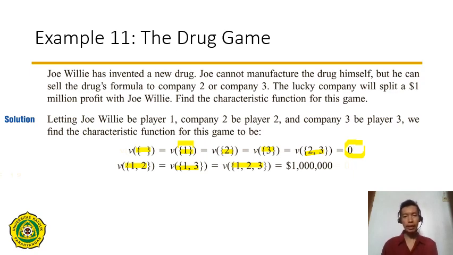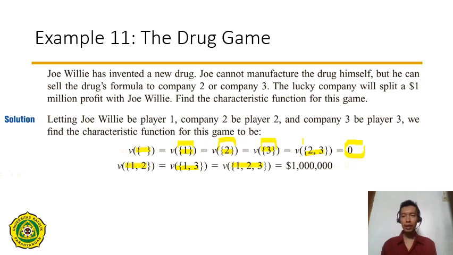Similarly, if the set or the coalition contains only company 2 or company 3, then the value that company 2 receives is 0. Also, company 3 will receive 0 if company 3 acts by itself, because it may manufacture the drug, but it does not have the formula.